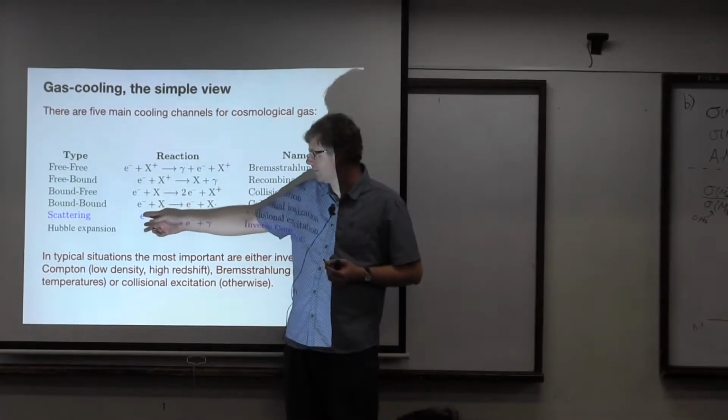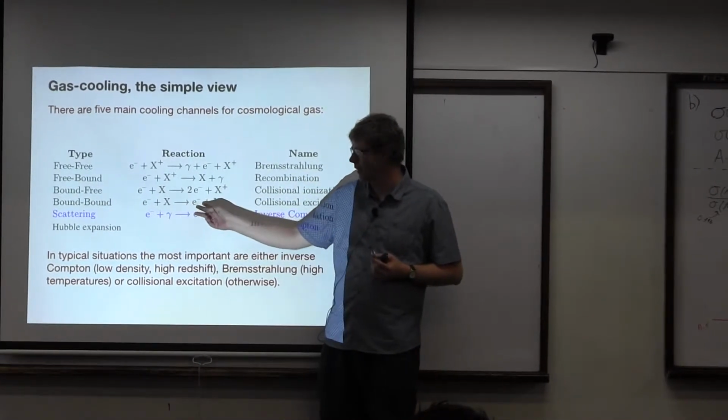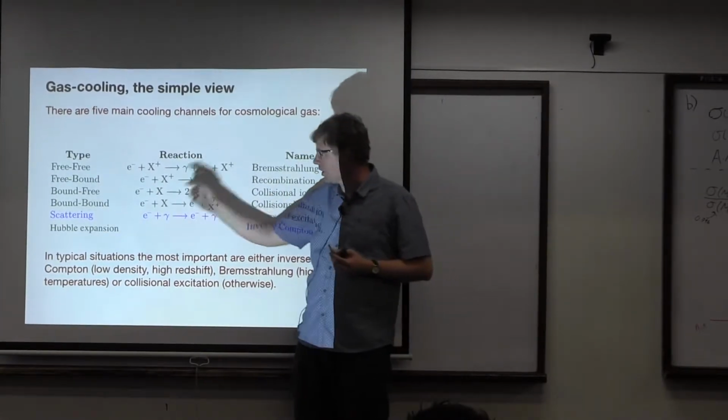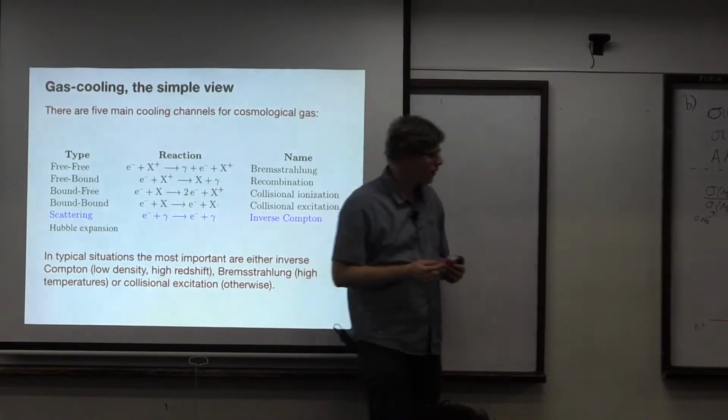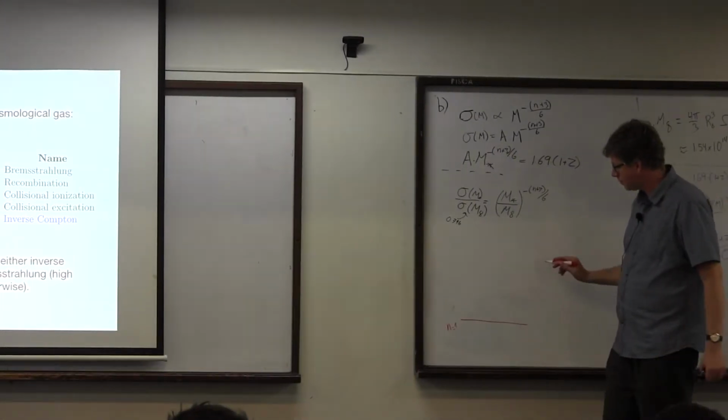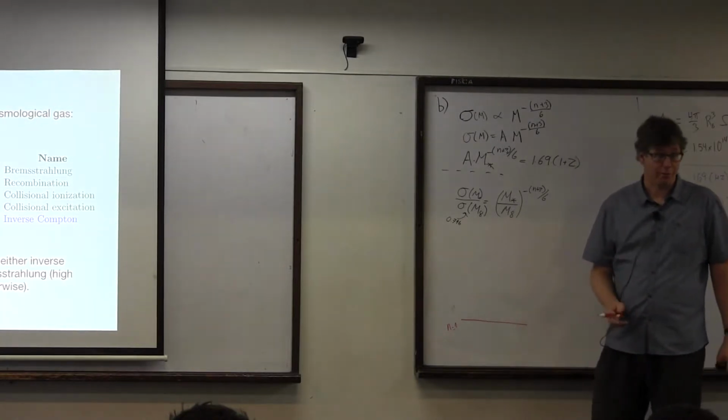I haven't drawn that here, but you could in principle achieve this with neutral collisions, but in general you want electrons. So in order to get electrons, what do you need? Well, you need to ionize hydrogen.